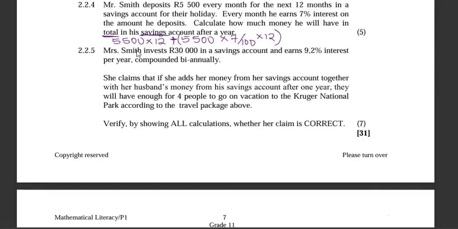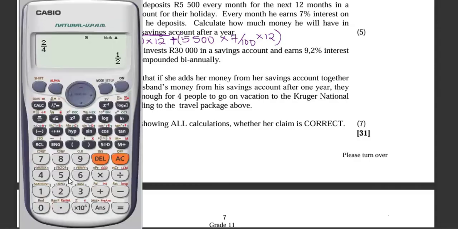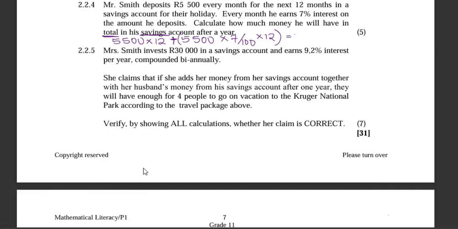You can do it on your calculator now. 5,500 times 12 plus the same 5,500 times 7% times 12. So at the end he has paid, he has 70,600 and what? 70,600 and what? It's fine.